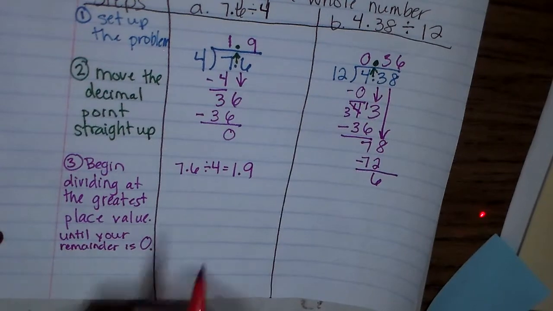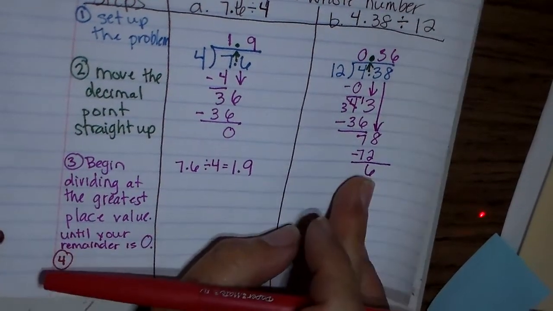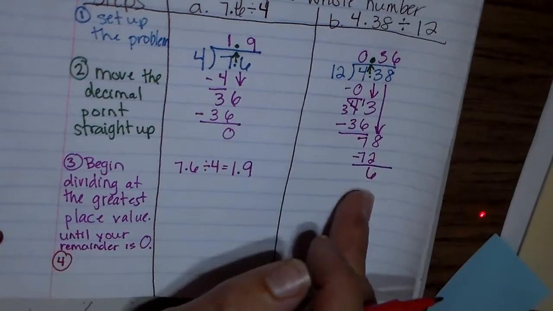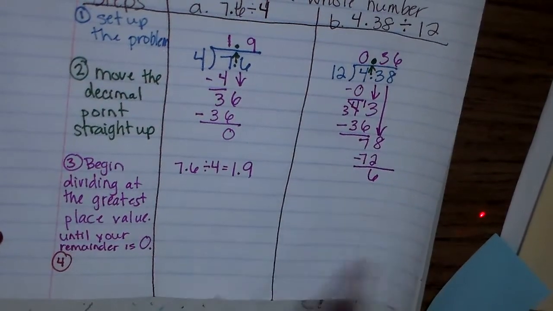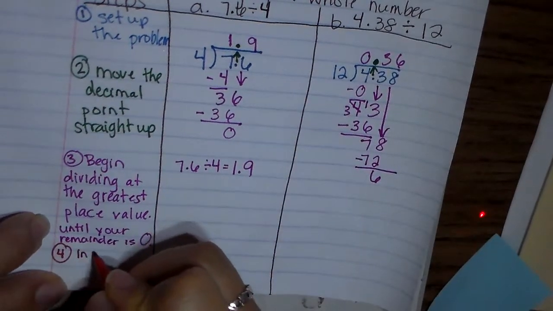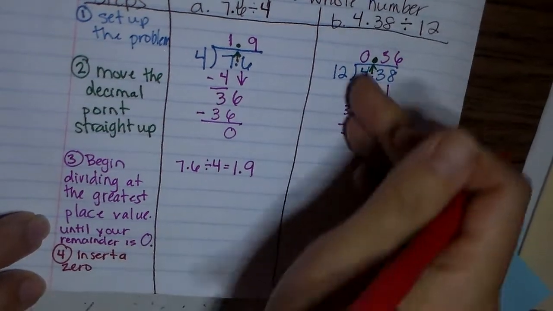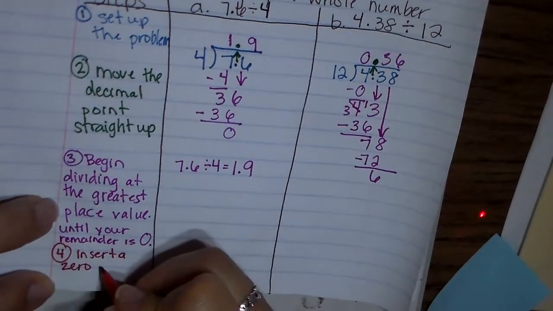Step 4. If you have a remainder of 6 like we do in this problem, then we need to get rid of that. The way we do that is by inserting a 0 to the end of the original dividend.